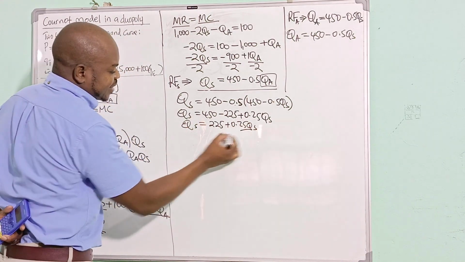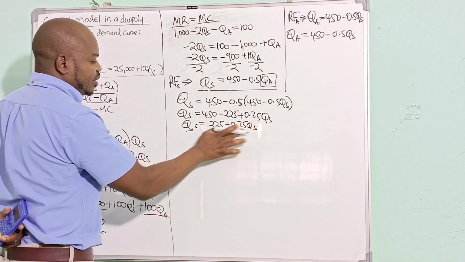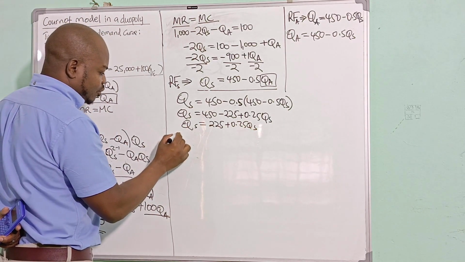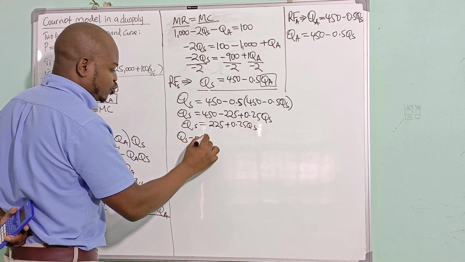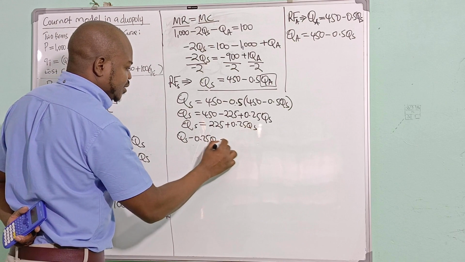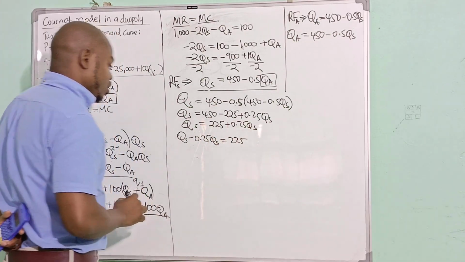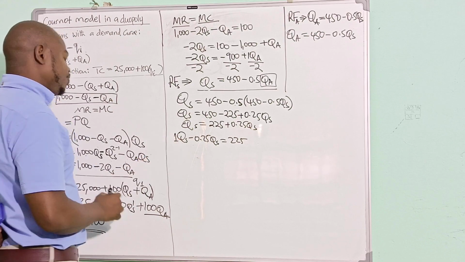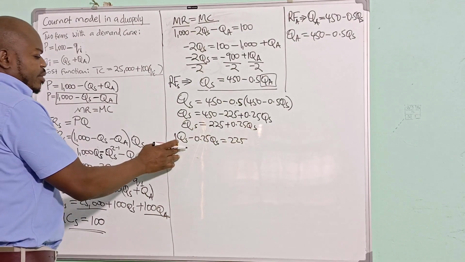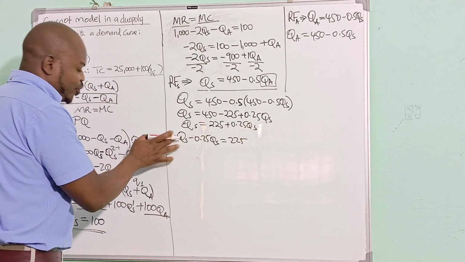The QS this side and the QS this side can be on the same side because they are like terms. So QS minus 0.25 QS is going to give us 225. This is as good as 1 QS, but we don't indicate the one. You know the rules.